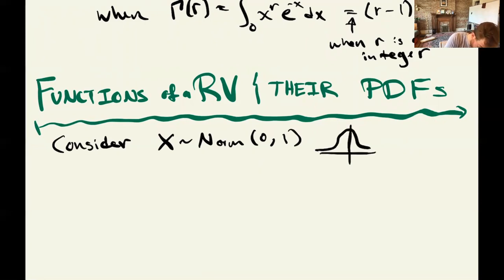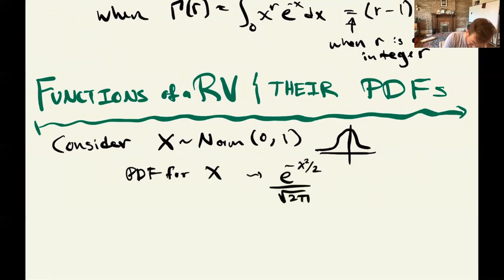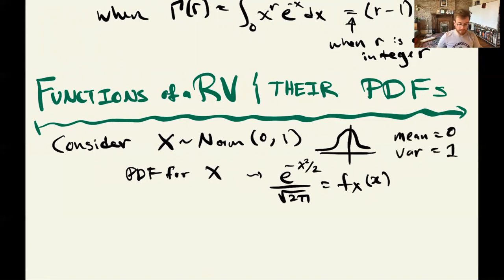Its PDF is e to the minus x squared divided by 2, over the square root of 2 pi. That's our little f of x. This is our unit normal, so mean equals 0 and variance is equal to 1. In all the calculations we did with the central limit theorem, we were basically providing some sort of transformation that put us in this situation.